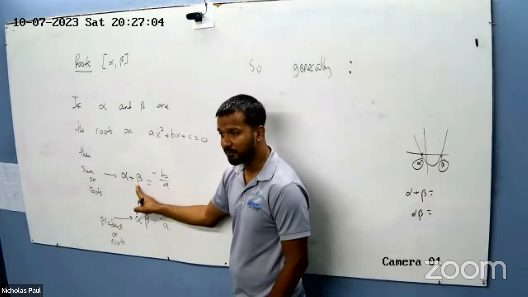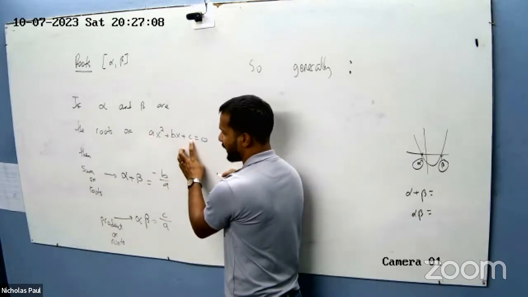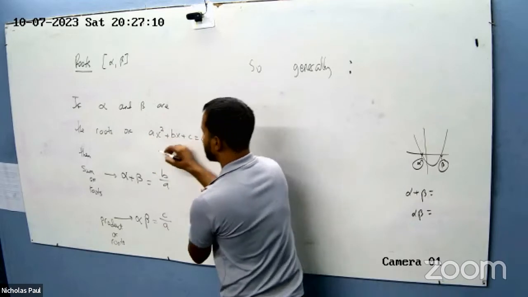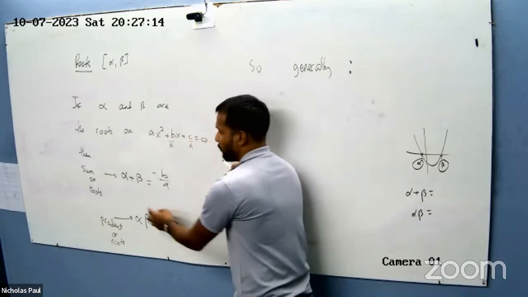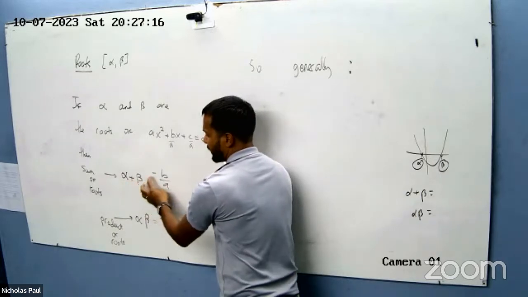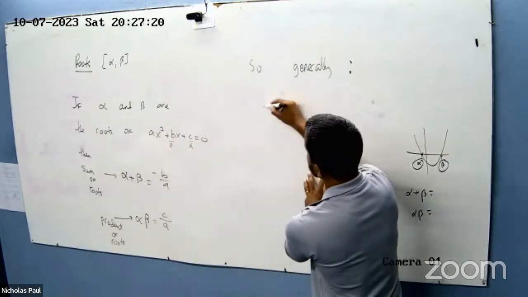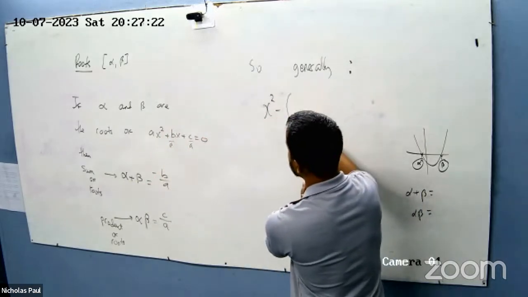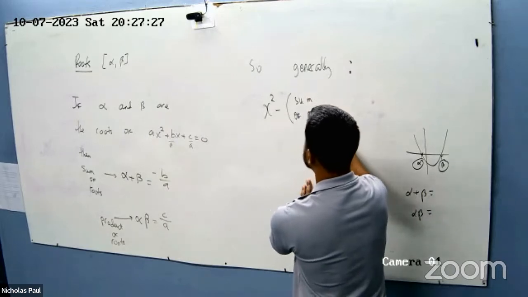You'll see now? If I divide this by a, this by a, this by a, then I'll get b on a here, c on a here. But remember, alpha plus beta is minus b on a. So I could take off this and write x squared minus the sum of the roots.